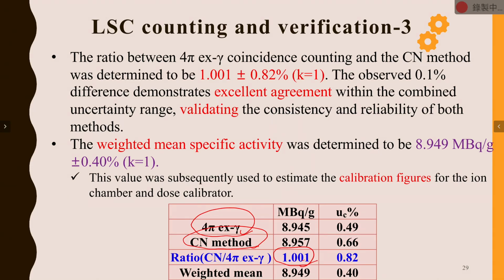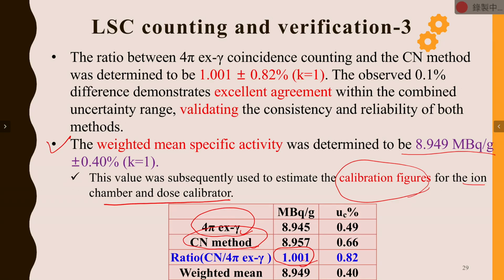And after that, we use the weighted mean specific activity calculation to determine the values here and transfer this data to calibrate the ion chamber and the dose calibrator. And we can get the calibration figure.